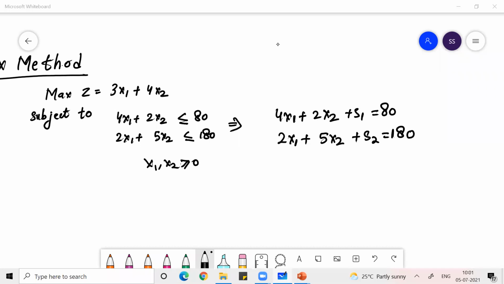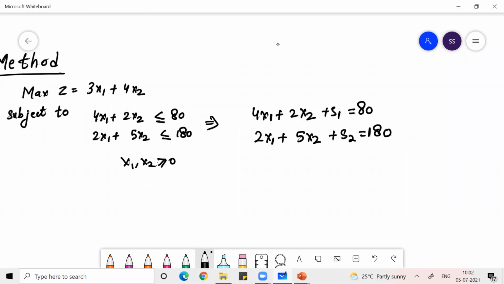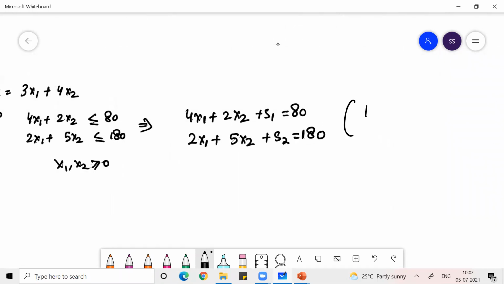So what I've done here is use dummy variables. My objective was to convert the given inequality-based equations into equality-based equations. So I introduced dummy variables S1 and S2.